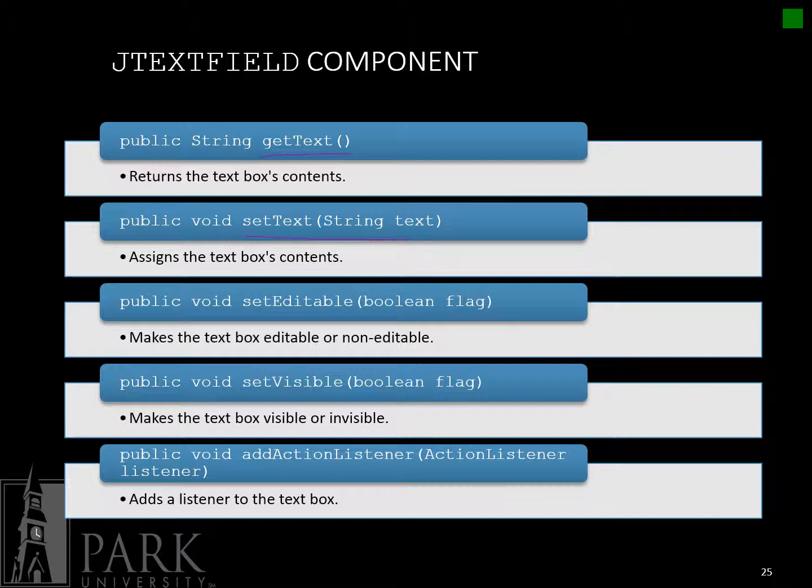You can also set whether or not you want the text box to be editable. If you want to lock it out, you can set that to false. You can also make it visible or not. And you can add an action listener, so you can define what's going to happen when a user presses enter inside the text box or some other combination of events. We're going to get more into that coming up.